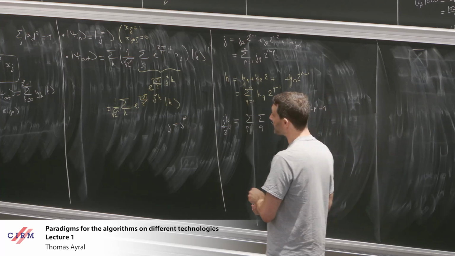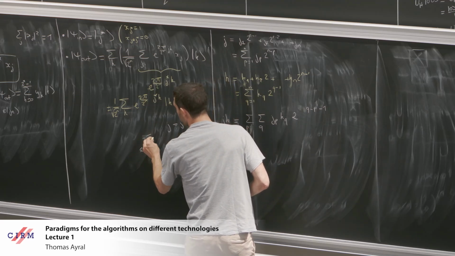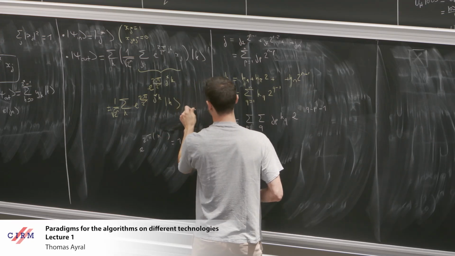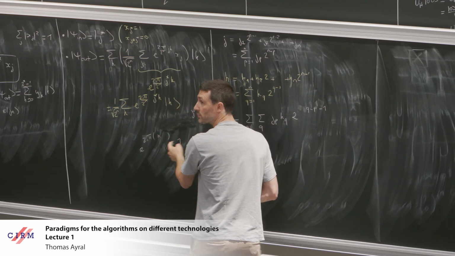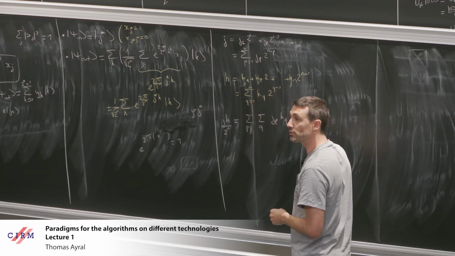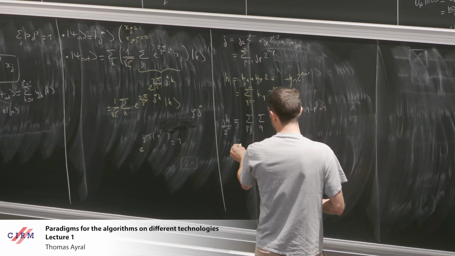And you see that here, if you have exponential of 2i pi times an integer, then it's 1. So I'm going to separate the integer part of this sum from the non-integer part.